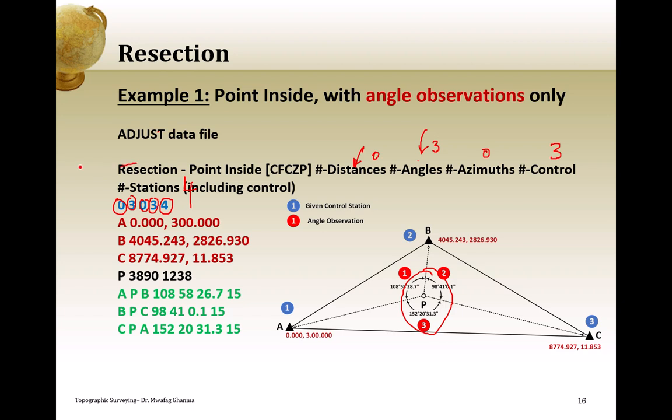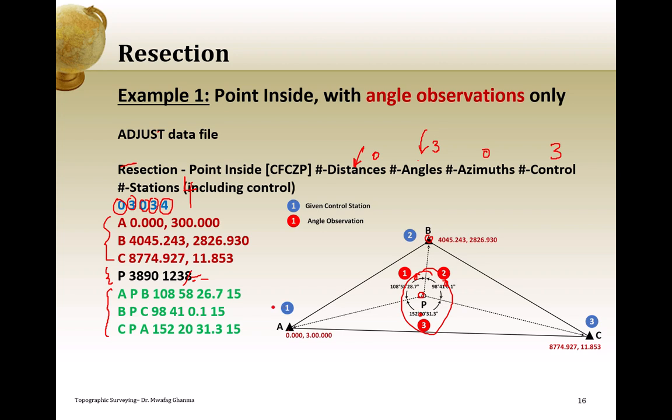These are the control station coordinates A, B, and C, followed by the unknown station, because we only have one unknown station. And these initial values we can take from the solution of the triangulation method, the solution of triangles. Now, what do we have here? We have three angles: A-P-B, B-P-C, and the third.